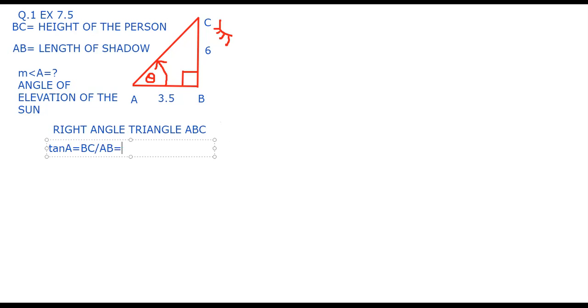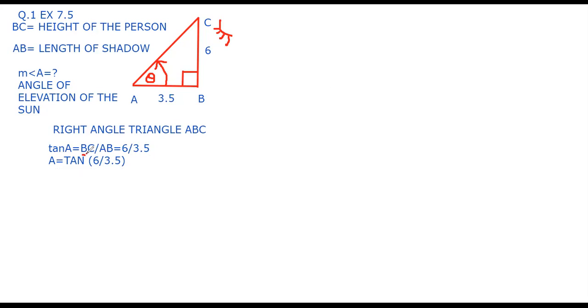In this, BC equals 6 and the base is 3.5. In the next step, because we need angle A only, we will keep A on one side and shift tan to the other side. This is how you will shift tan to the other side by placing the value. You will use your calculator and take tan inverse, because we need to find the inverse.